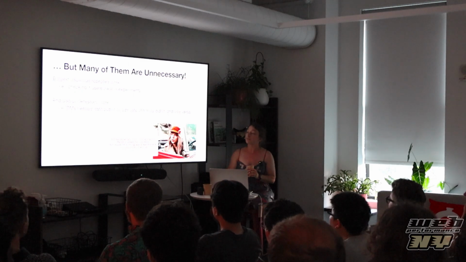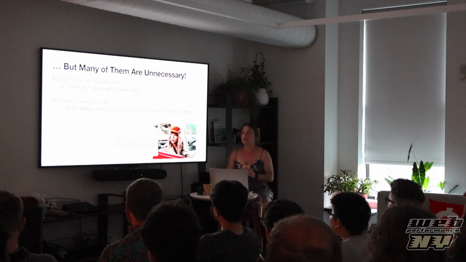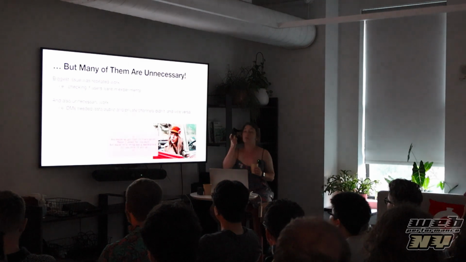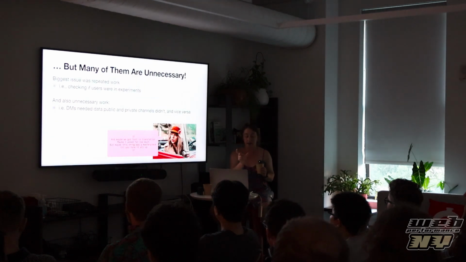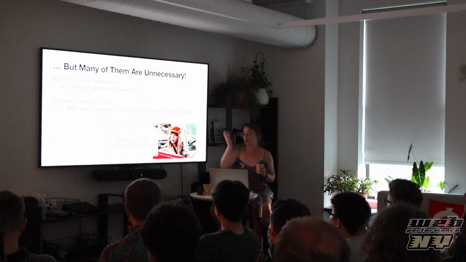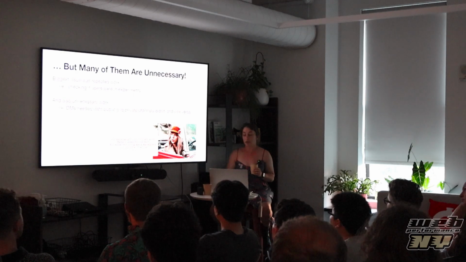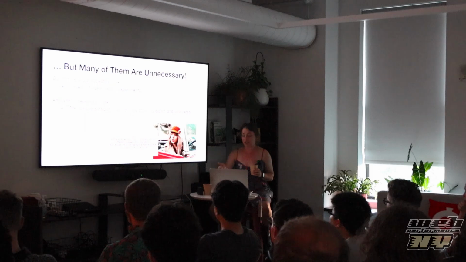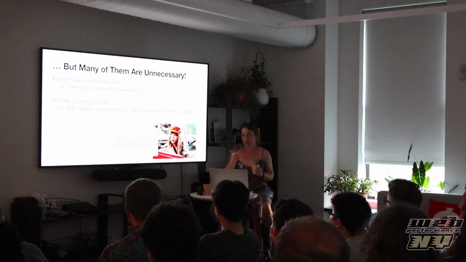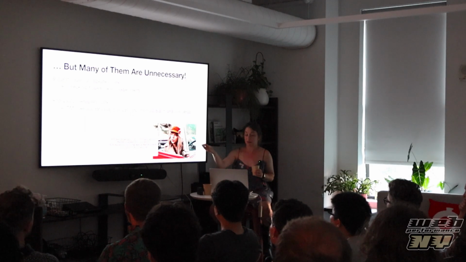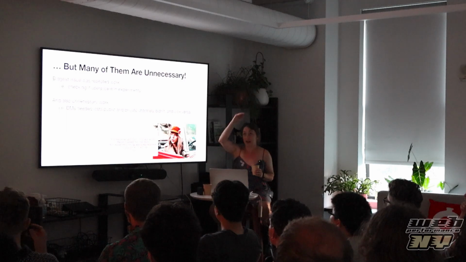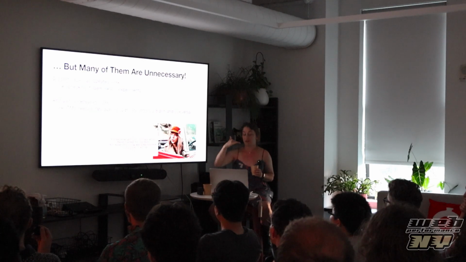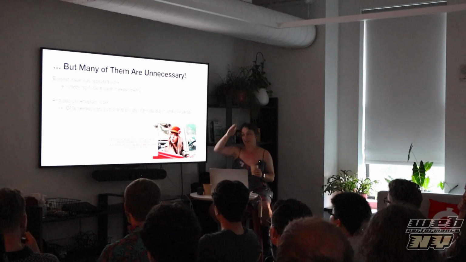So it would be an experiment that might affect, say, the display of a channel item in the sidebar, but it had nothing to do with the channel itself. So all we needed to know was if the user was in the experiment. We didn't need channel ID at all, but that experiment check was happening in every single one of n channels.